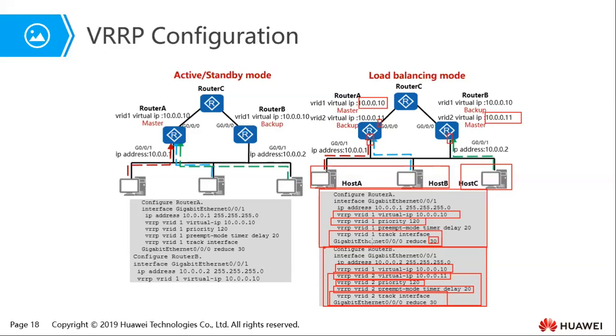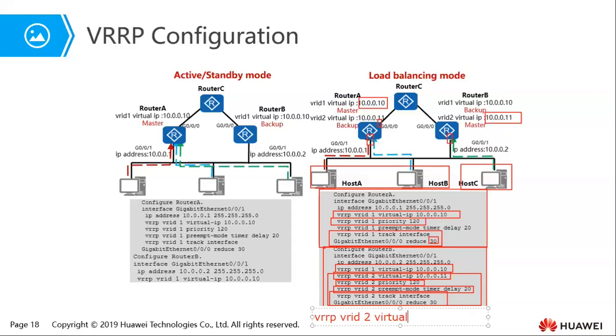There's a command that they didn't do here on router A that is actually supposed to be done. In router A, in order to ensure that router A is also able to form a session on group 2, we also have to configure the command VRRP VRID 2, like that.